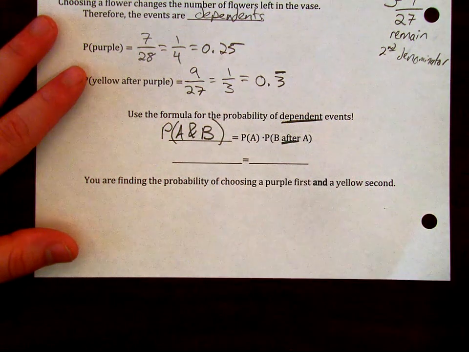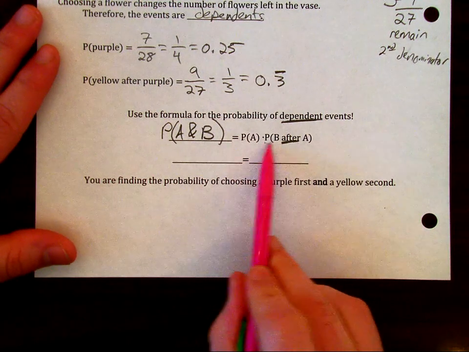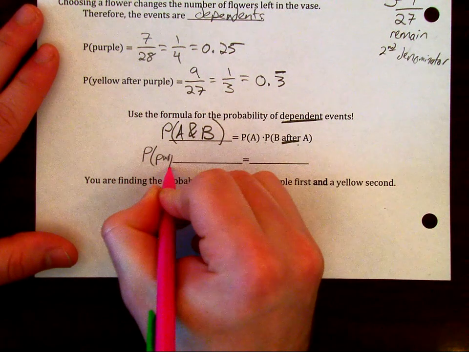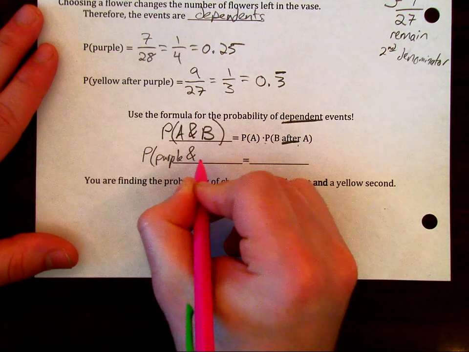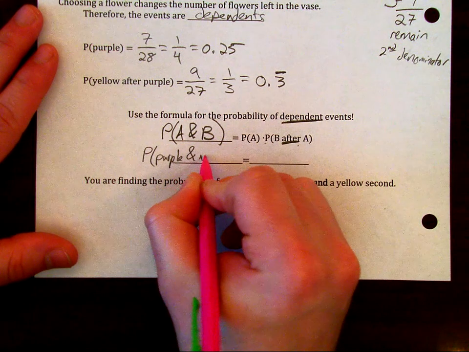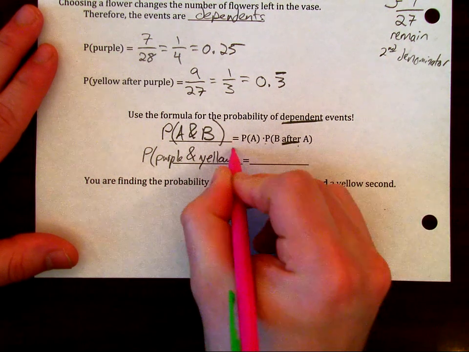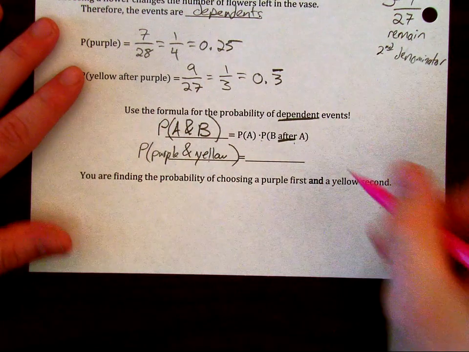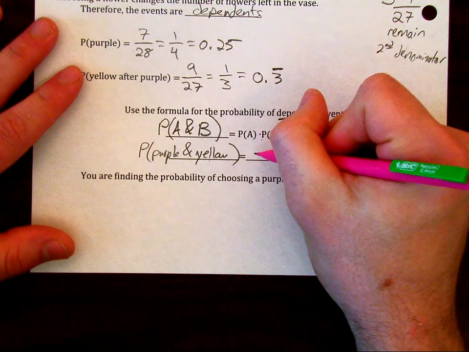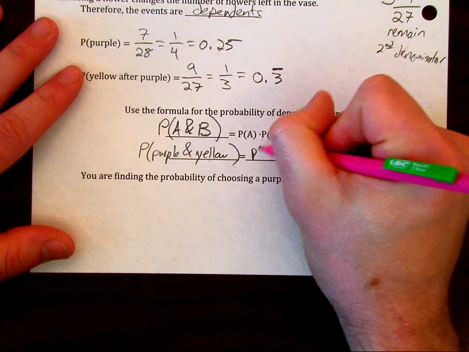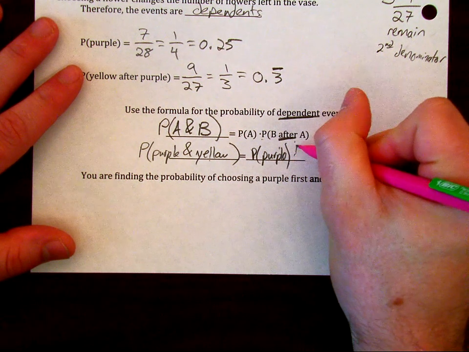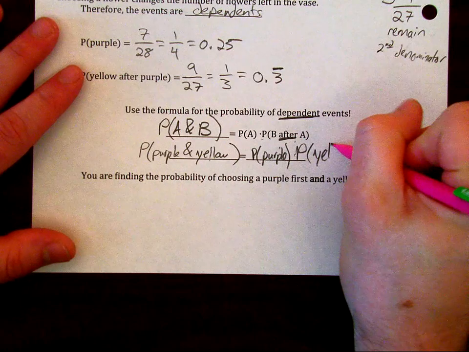So we're going to say probability of purple and yellow. Usually I just write the letters, I would say P and Y, whatever works for you as long as you know what we're talking about. So you can say, all right, probability of purple and then the probability of yellow, but it has to be after that first one occurred, so after we pulled out a purple.